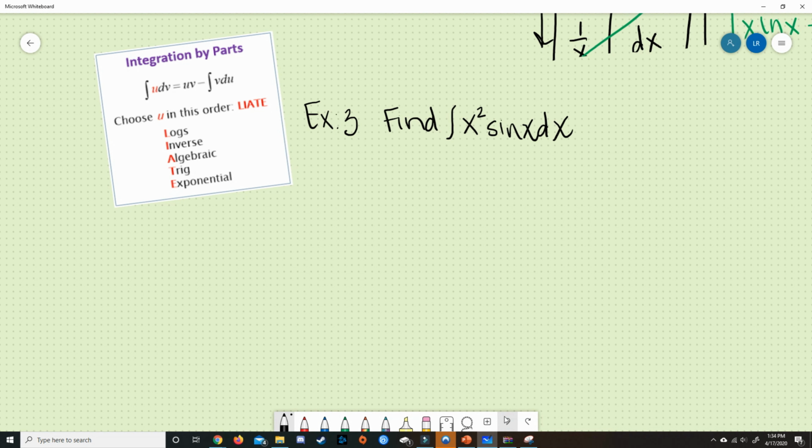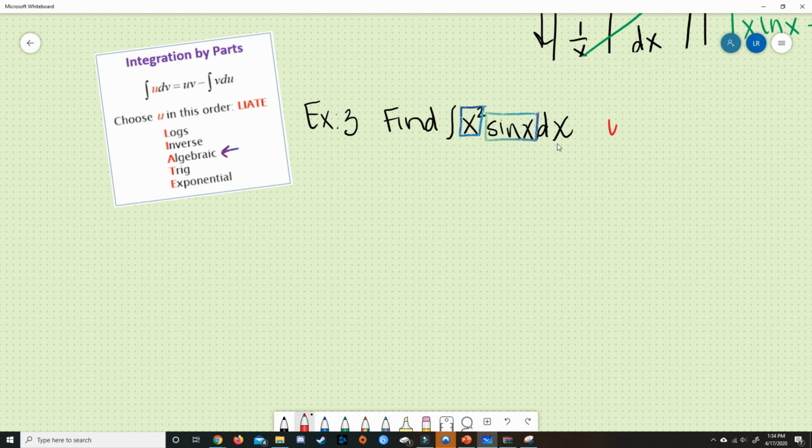Okay, so when we're doing this integration by parts, we have this pretty cool mnemonic over here to help us figure out what we should assign u to be in what order. So logs, inverse, algebraic, trig, or exponential. We have two possibilities for u. We either have x squared or we have sine of x. X squared is algebraic, and algebraic is before trig. And so we're going to say our u is that x squared.